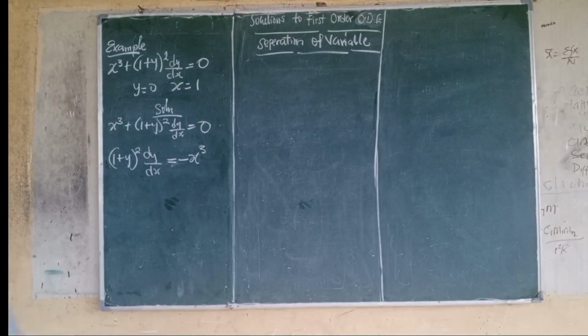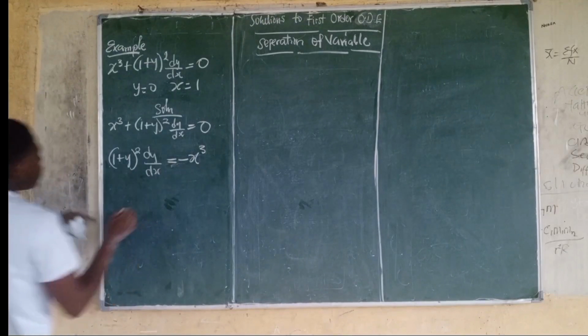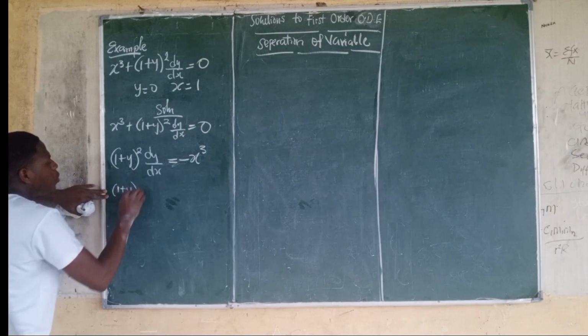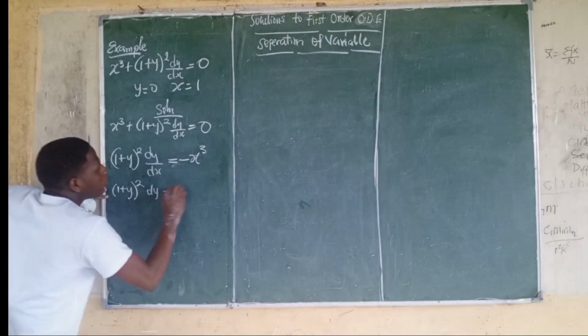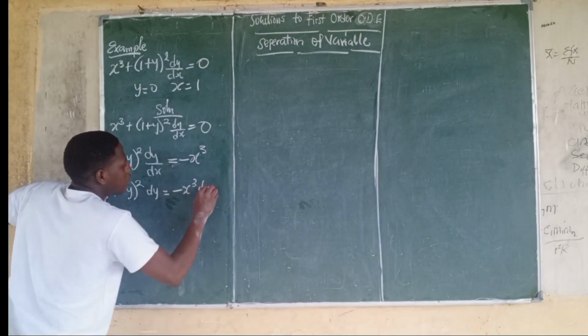Now taking the x to the right hand side, we can cross multiply. If we cross multiply, we'll be left with (1 plus y) raised to the power of 2 dy equal to minus x raised to the power of 3 dx.